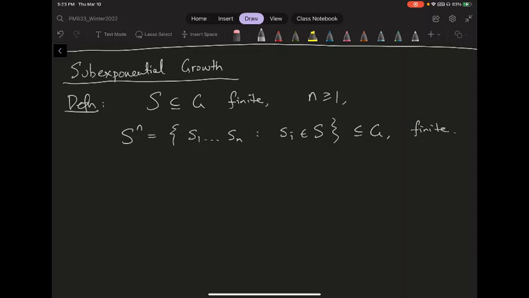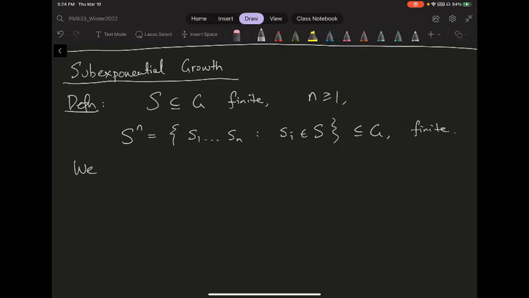So how fast can this S to the power n grow? Apparently these products may not be all distinct. So how fast can S^n grow depending on n? Well, that's related to the growth function of a group.